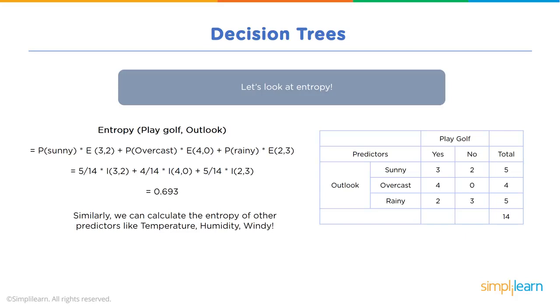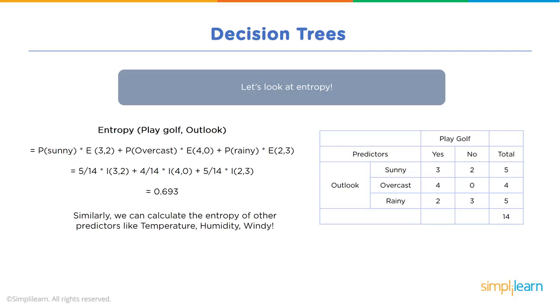Plus P of overcast, which is 4, 0, plus rainy, which is 2, 3. And then when you do the whole setup, we have 5 over 14. Remember I said there was a total of 5? 5 over 14 times the I of 3, 2, plus 4 over 14 times the I of 4, 0, and 5 over 14 times the I of 2, 3. And so we can now compute the entropy of just the part that has to do with the forecast.